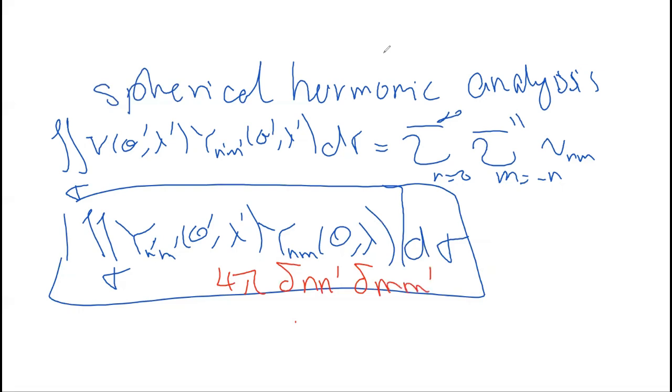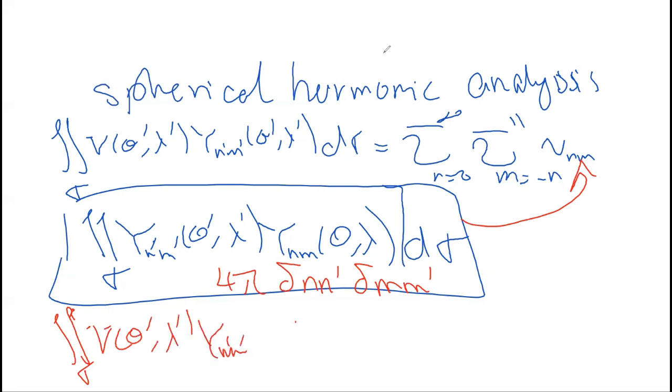What does that mean? This means that if I put it here, I will get the integral of V of theta prime lambda prime Y_n'm' of theta prime lambda prime d sigma.